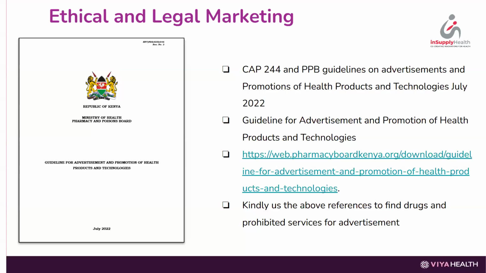This particular guideline provides you with what type of information you are able to share in the digital space, and which you should not share in the digital space. And therefore, at your convenient time, you can visit the PPB website and search for the Guideline for Advertisement and Promotion of Health Products. You'll be able to go through that. Next slide.